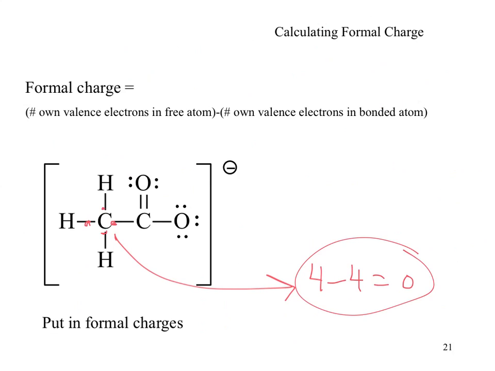You might have seen the same definition as valence electrons minus half the number of bonded electrons plus all non-bonded electrons, and it basically means the same thing. But that's another formula that one can use for the formal charge.